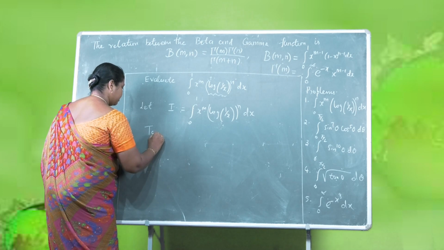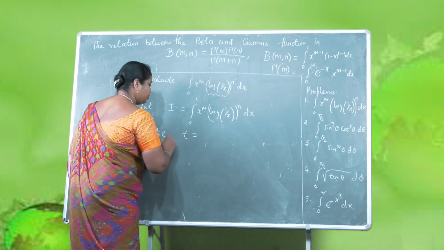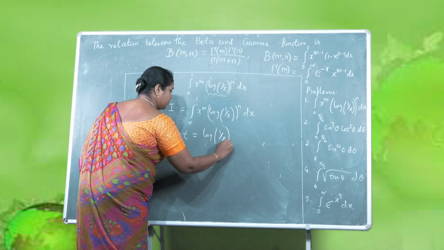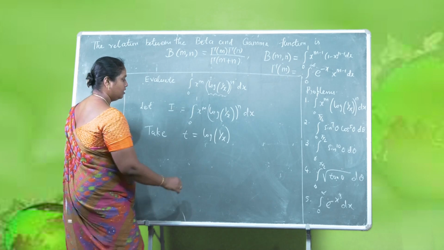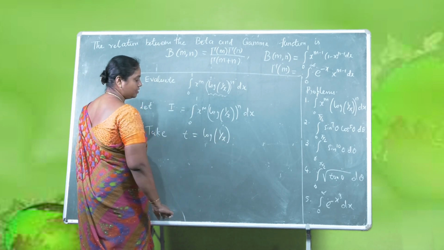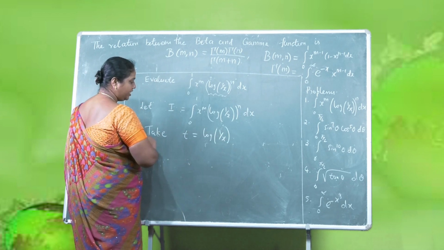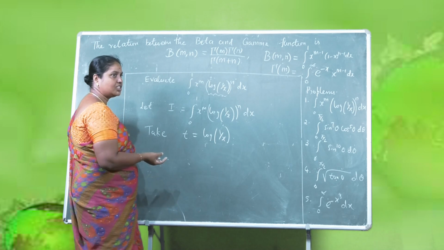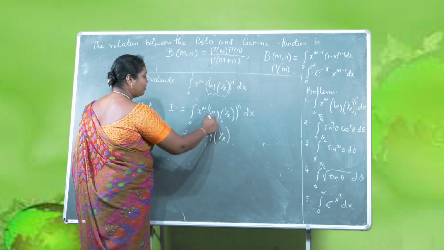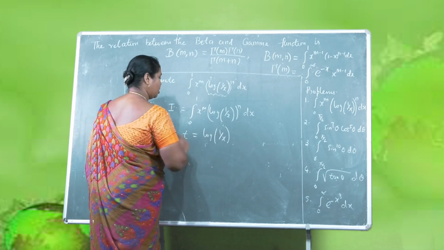Take t equal to log of 1 by x. Now t is a variable depending on x, so our aim is to change dx into dt. We should change the limits, substitute t wherever we have x, and change this dx also.